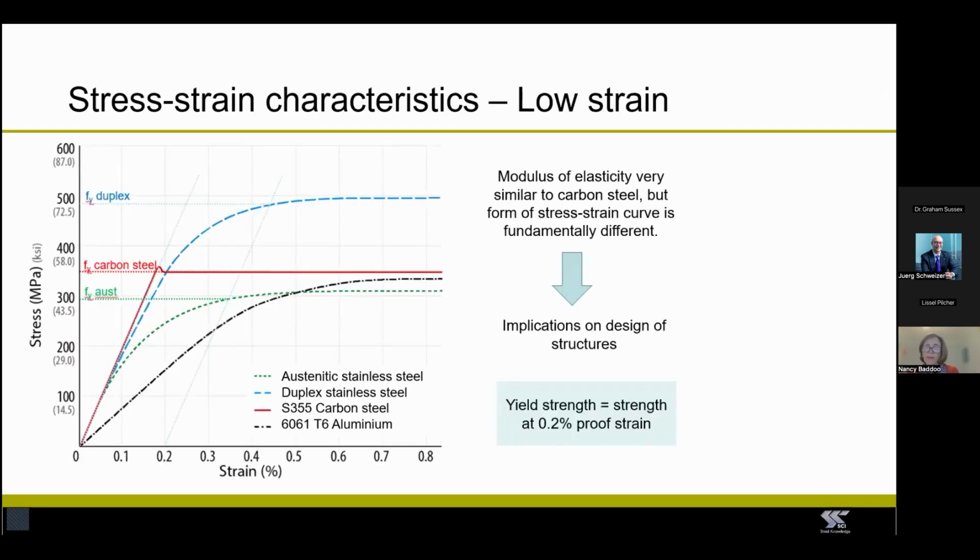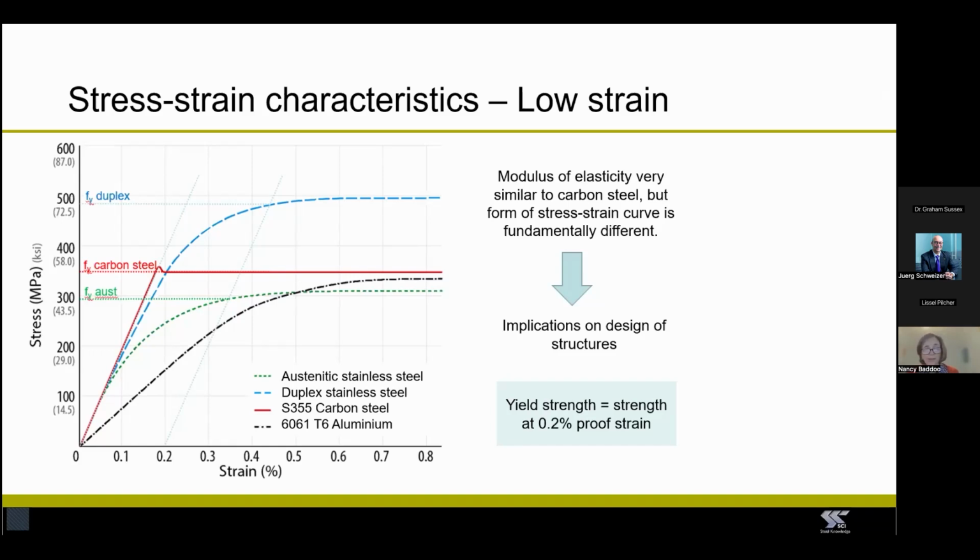On this graph, I'm comparing the stress strain characteristics of carbon steel, that's in red, with stainless steel: austenitic in green and duplex in blue. So what strikes you when you see this? Carbon steel has the sharply defined yield point, followed by a plastic yield plateau.